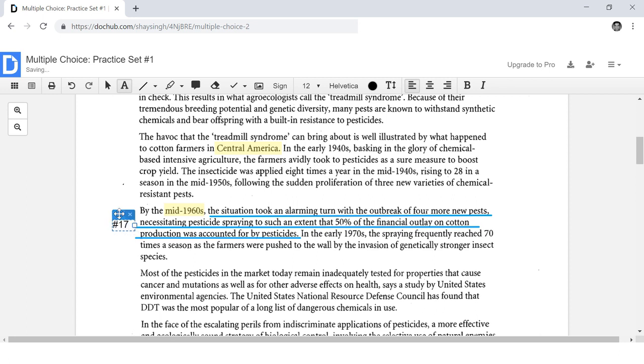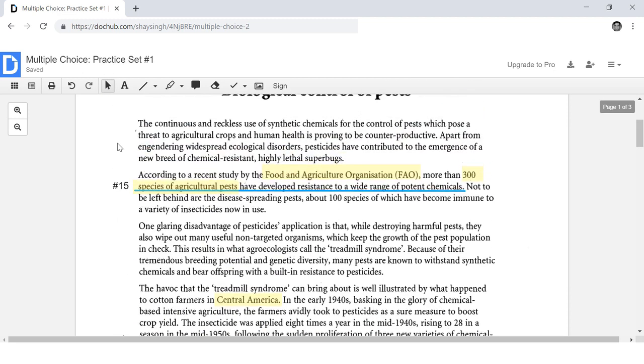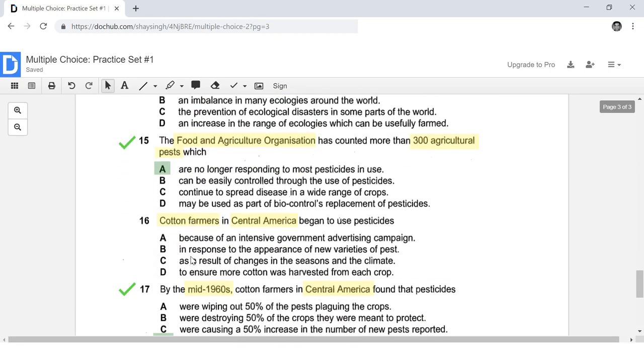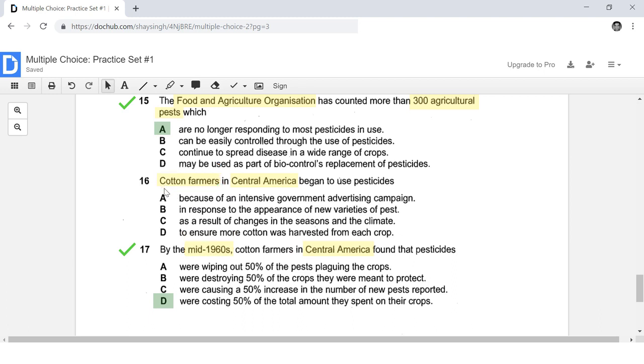It was right here. So since we found the answer to number 17 over here, we're going to find the answer to number 16 in here, sandwiched in between 15 and 17. So let's take a look at number 16. It says, cotton farmers in Central America began to use pesticides. So why did the cotton farmers in Central America start using pesticides?